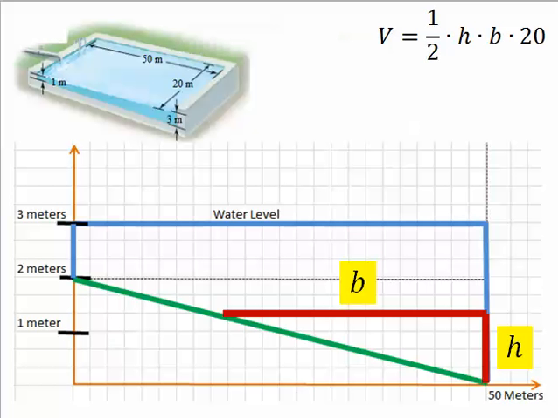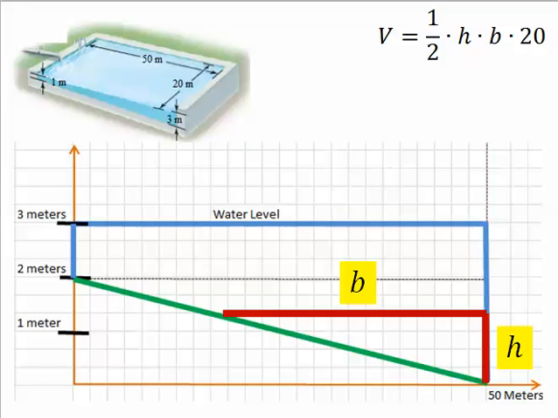So let's look at the geometry of a triangle. If we're down in the triangular region, then the volume is given by 1/2 height times base times 20, because 20 is the width of the pool. Well, you can see that this volume formula has two variables, height and base.